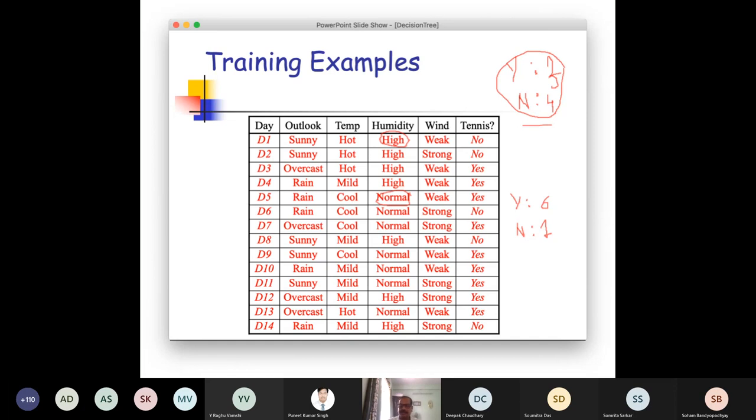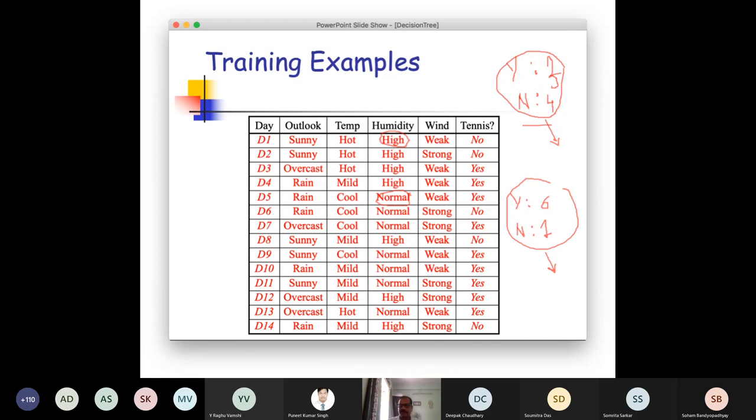Then how do you get the weighted entropy? From the first you get an entropy, and from the class distribution when humidity is normal you get another entropy. And then what is the weighted average of these two? Since they have the same number of samples, the weight should be 0.5 for each one. So you simply take the average of these two.